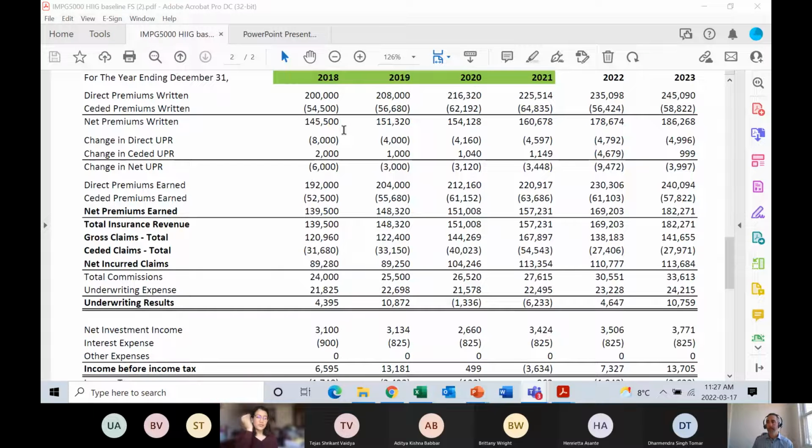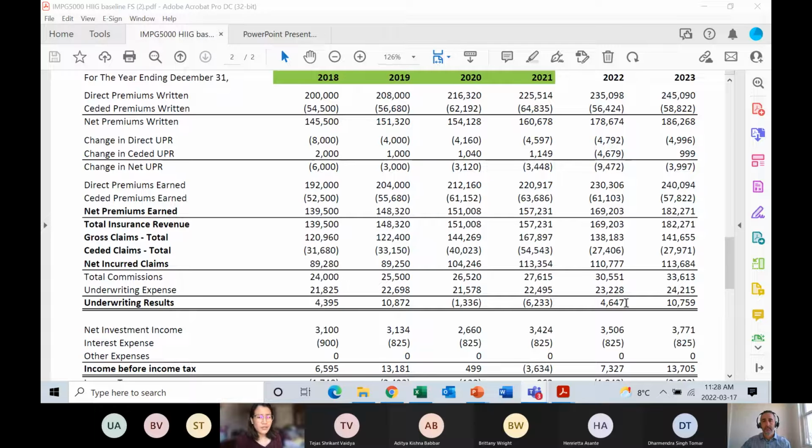Okay, Professor. So we are group one together with Aditya, Henrietta, and Urusha. So guys, if I missed anything, just butt in. So we identified some good points. Coming from an underwriting loss in 2020 and 2021, the projections for 2022 and 2023 are positive, meaning it's an underwriting gain for them.